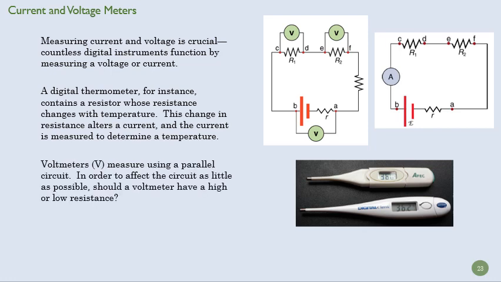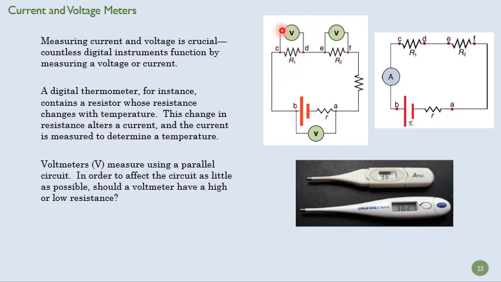Voltmeters are going to be set up like this. They're always going to be in parallel to your load, right? So if I want to know what the difference between the voltage here and the voltage here is, I'm going to put it parallel to that load there. Why? Well, you want to know, like we said, that the series of resistors is going to be like a voltage divider. So you want to connect this wire to that wire. Do you want a big resistance there or a small resistance?